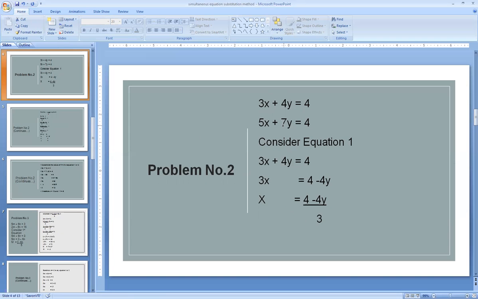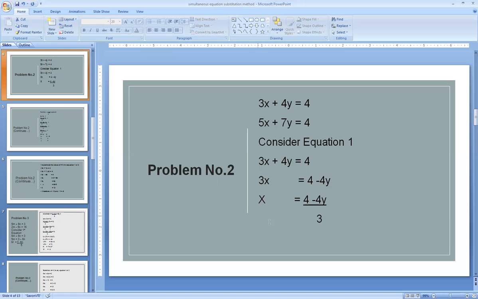Now in this problem we have considered the first equation, that is 3x plus 4y equals 4. If you are going to substitute x, retain x at the left side and the numbers to the right side. 3x equals 4, and the plus 4y, if you shift to the right side, will become minus 4y. Therefore x equals 4 minus 4y divided by 3.